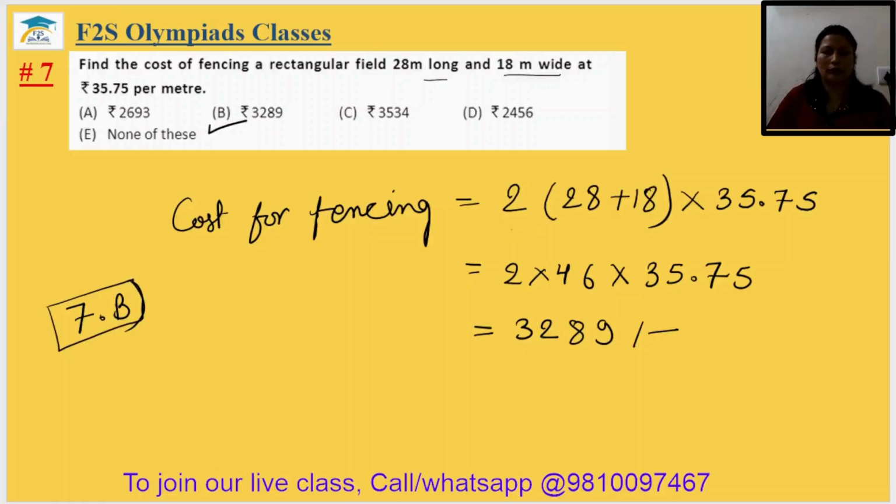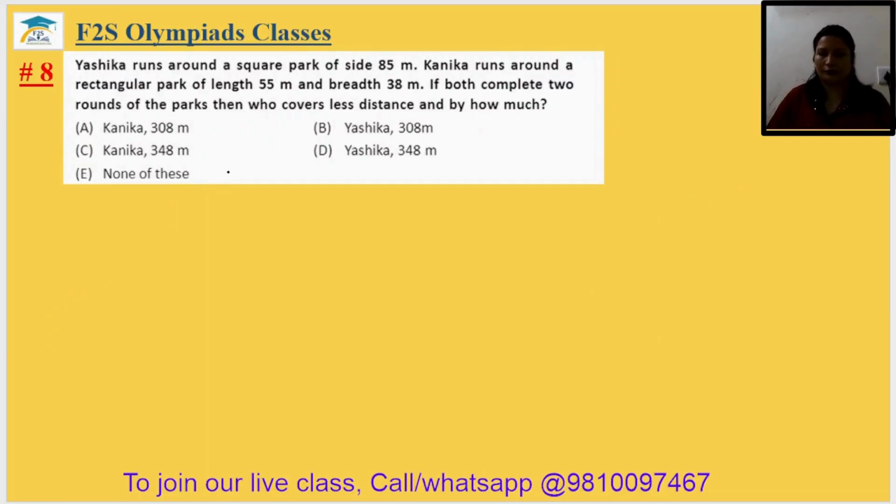Come to question number 8. Yashika runs around a square park of 85 centimeter. Kanika runs around a rectangular park of length 55 centimeter, breadth 38 centimeter. If both complete 2 rounds of the park, then who covers less distance and by how much?